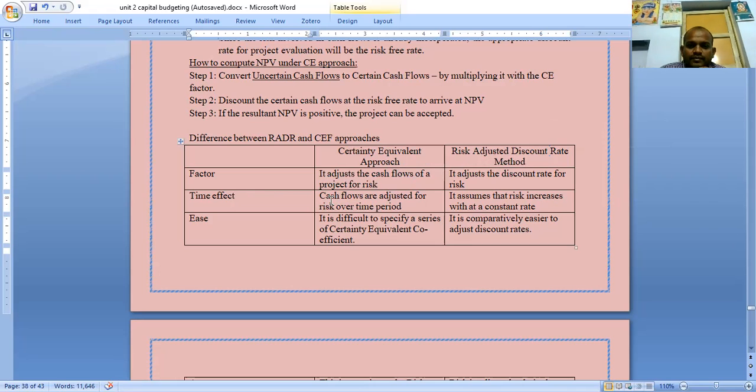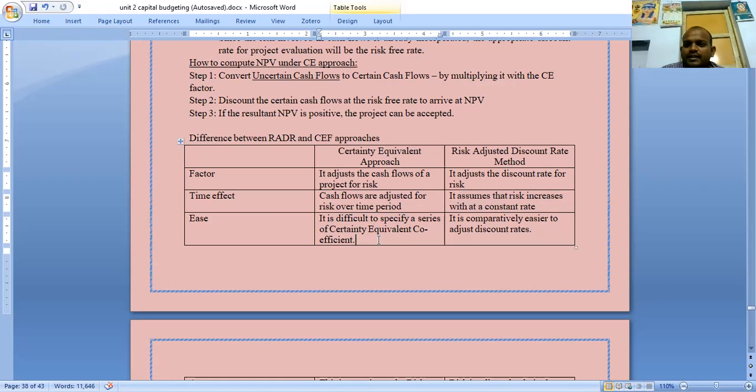Time effect: cash flows are adjusted for the risk over the time period. It assumes that risk increases at a constant rate. It is difficult to specify a series of certainty equivalent coefficients.